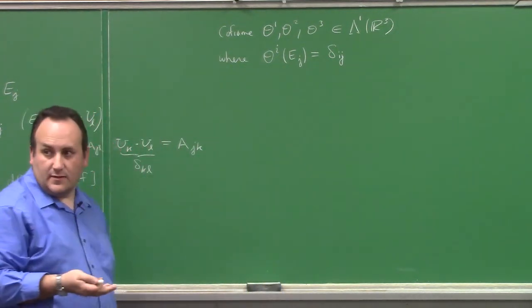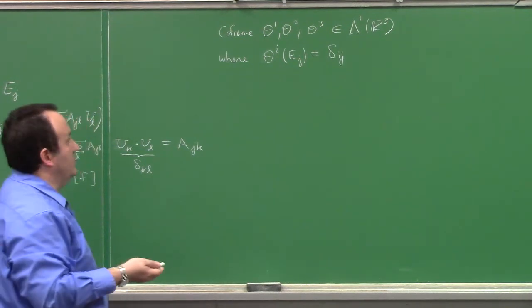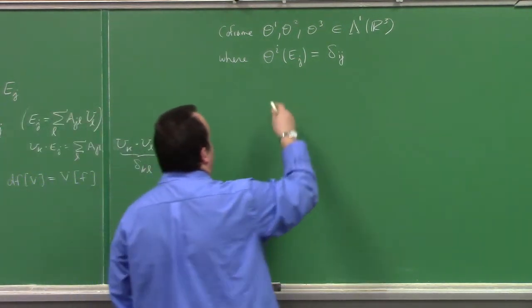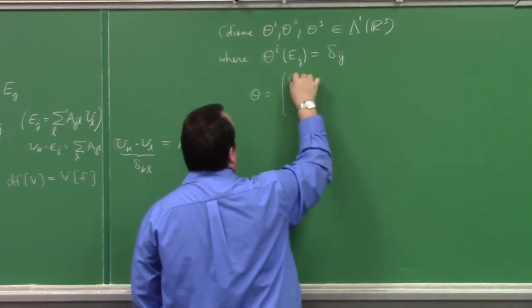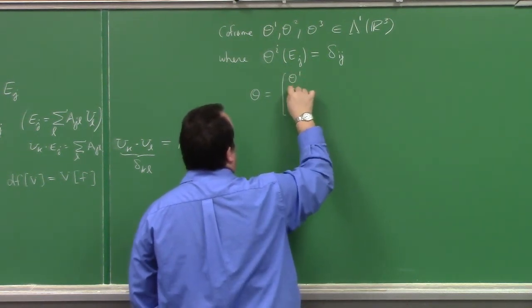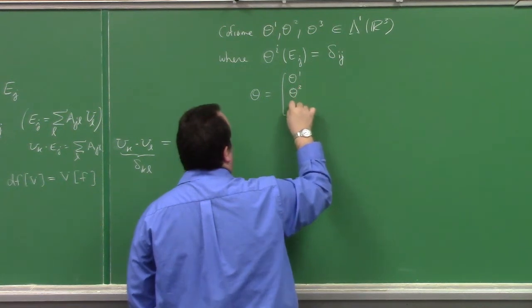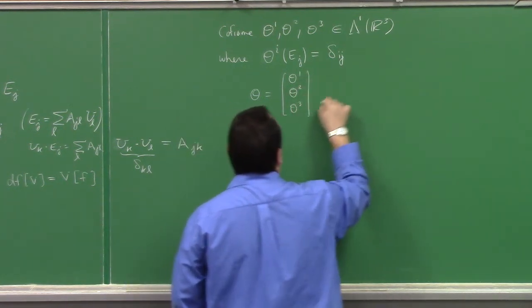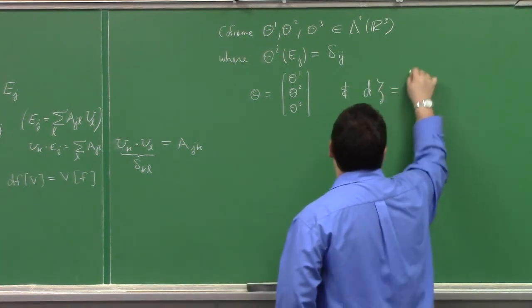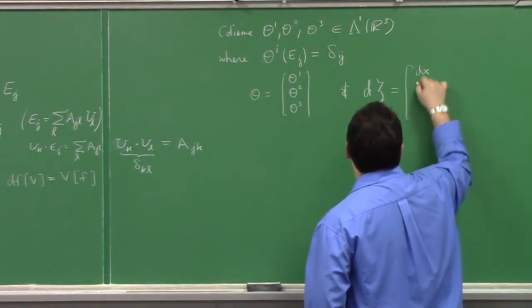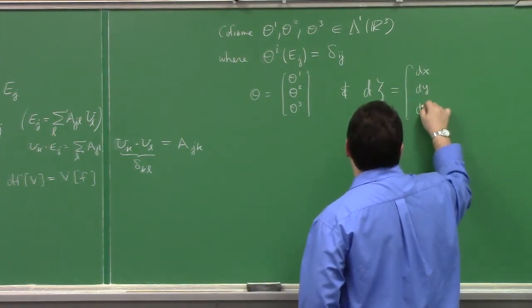And so we said we'll let theta be this vector of covectors, or one forms really, theta 1, theta 2, theta 3. And we had d zeta equal to dx, dy, dz.